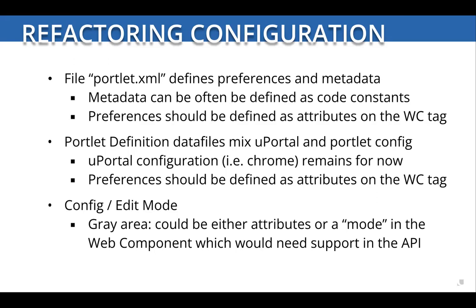When we talk about the uPortal configuration values, we're talking about things like what type of Chrome. That's something the portal cares about, not the portlet rendering. So it's not something we need to worry about when refining web components. They just shouldn't care about the Chrome that's being used to render or wrap them.